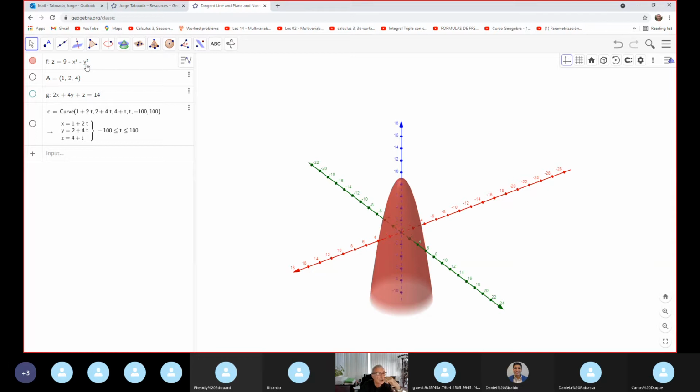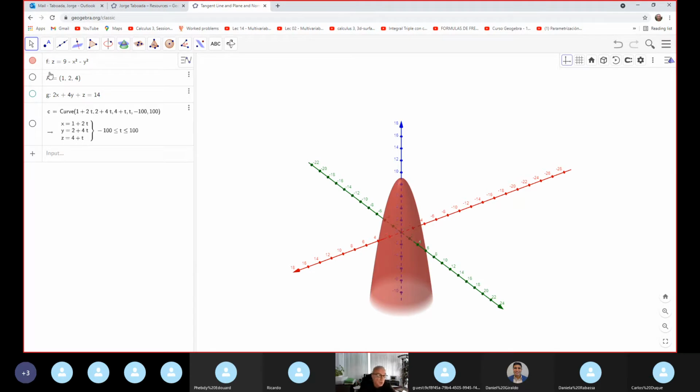You identify that it is a paraboloid because x and y are raised to the second power. z is first power. So paraboloid. In what direction? Open down because the square term is negative, no? So down. The paraboloid opens down.